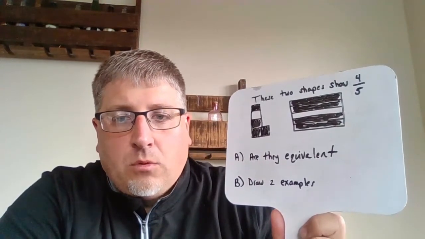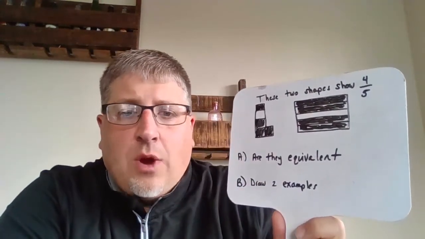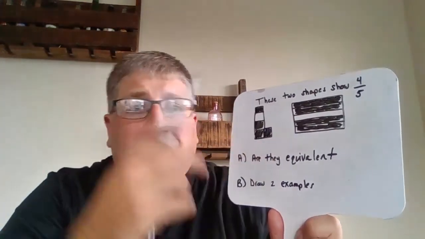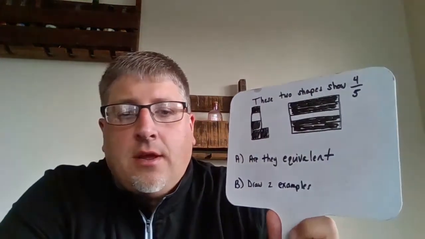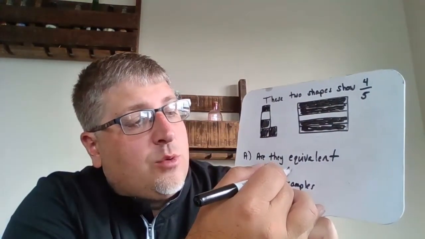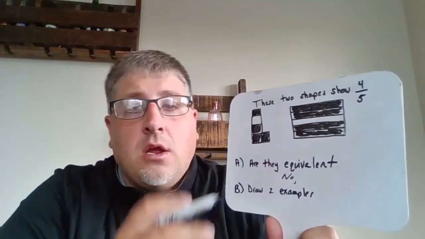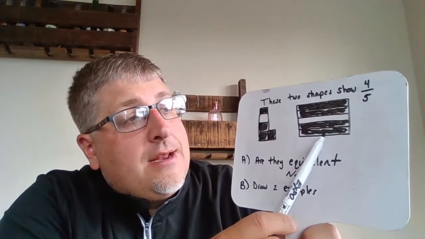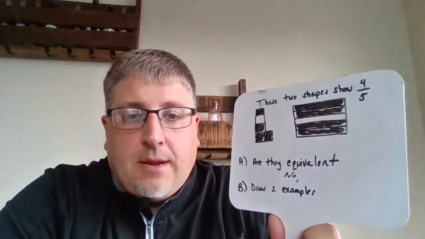Okay? When we come down here, we have a question that's asked, are they equivalent? And I know the first thing you're going to say is, yes, they're 4/5. Yep. And the actual answer to this is no, they are not equivalent. Okay? They're not equivalent because the cubes and the rectangles here are different shapes.